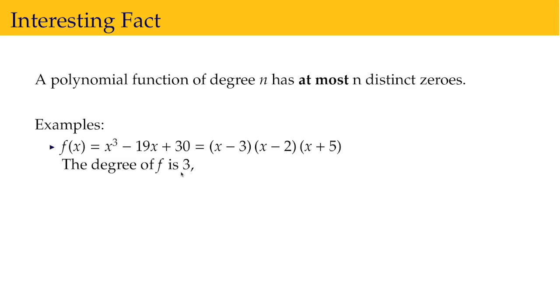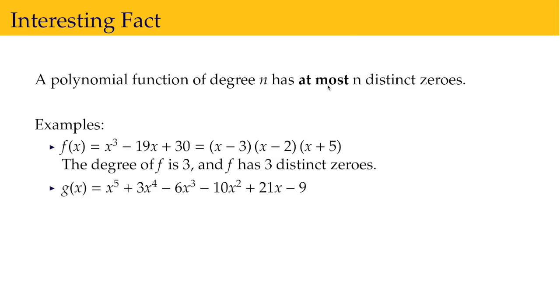So the degree of f is 3, and f has 3 distinct zeros. Now notice this does say "at most," and I even bolded that. So let's look at another example. Here's a 5th degree polynomial, and that factors as x minus 1 cubed times x plus 3 squared.